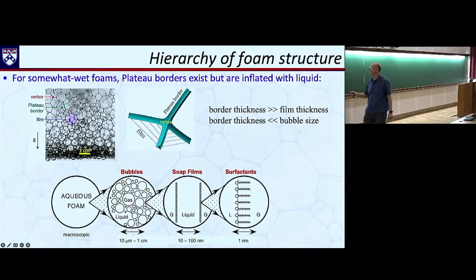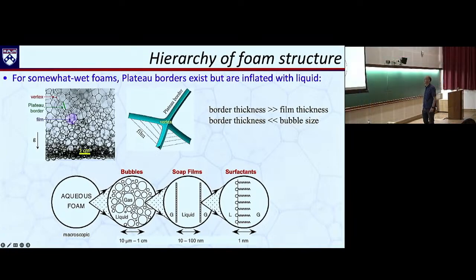We're looking at the Plateau borders, and they're inflated with liquid. They're not lines. They have some structure and some thickness. Their thickness is much bigger than the film thickness, and much smaller than the bubble size, so it lives in between these two length scales. So we've got a new length scale in town to contend with, the thickness of the Plateau borders, and that's what we'll talk about when we talk about wetness.